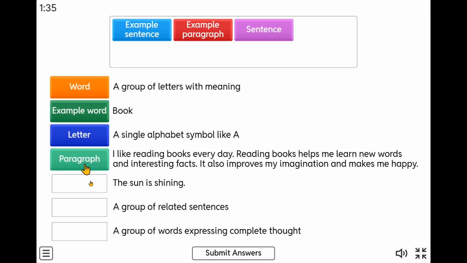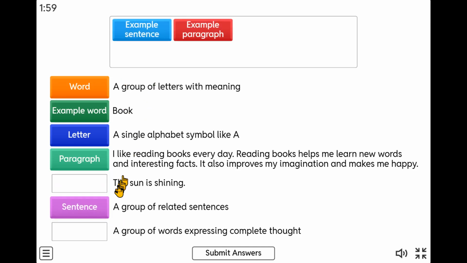Okay na? Next, the sun is shining. Full stop. So you have a group of words arranged and it is making a meaningful sentence. Okay na? Next, let's see.